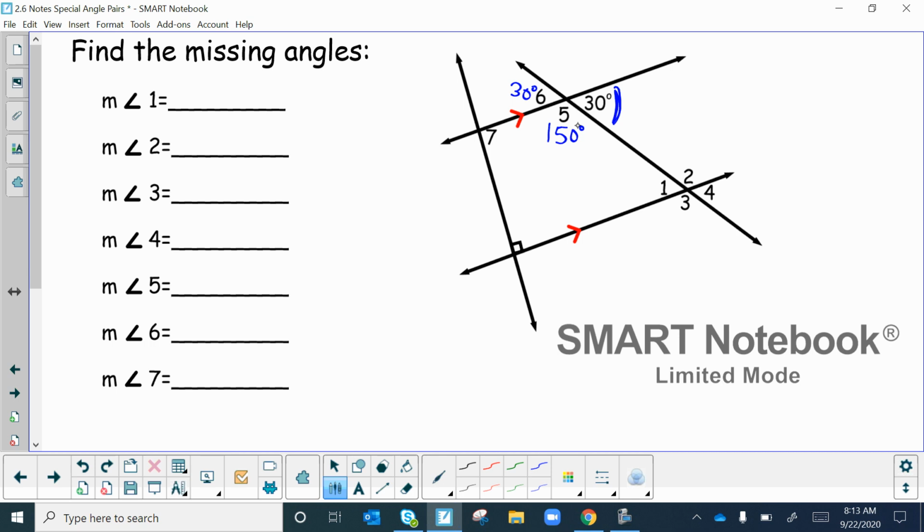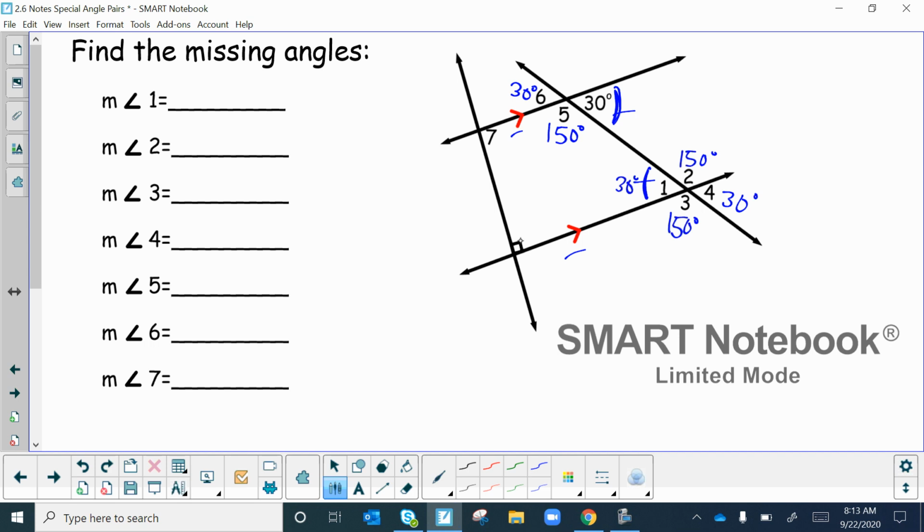And then you just learned that since these are parallel, alternate interior angles are congruent. So these two are congruent. So that's also 30, which takes this to be 150. There's just a lot of congruent angles, guys. And then this is 150 because that's vertical. And then that's 30. So see, you're already solving for all of those just really quick.